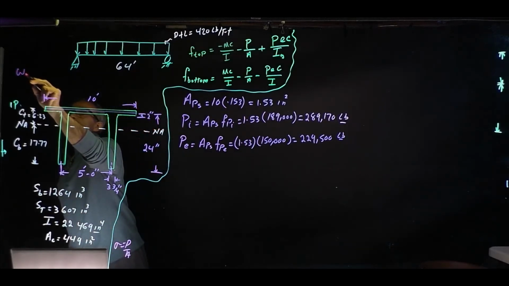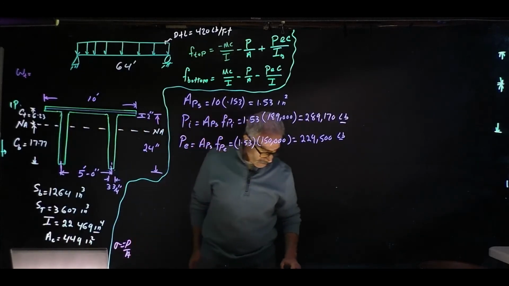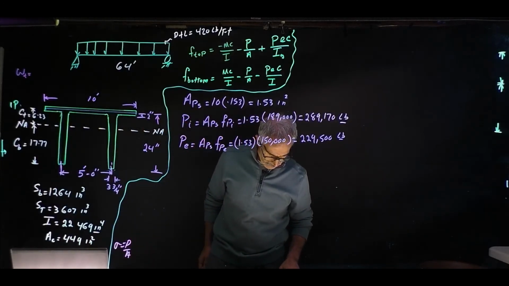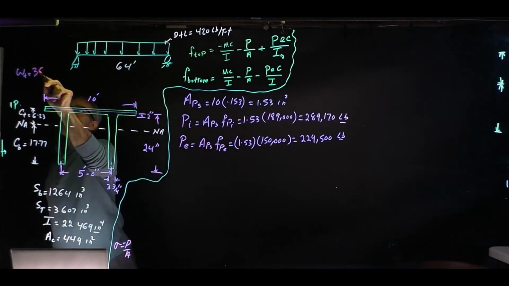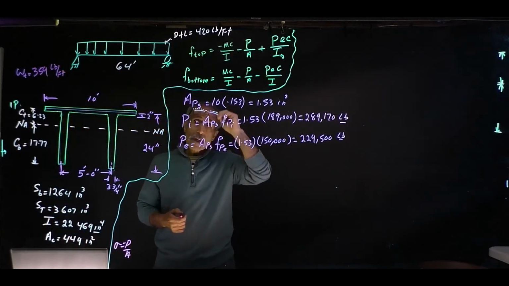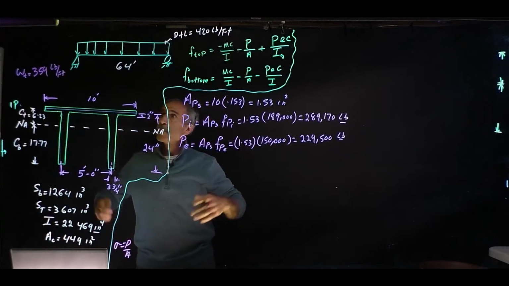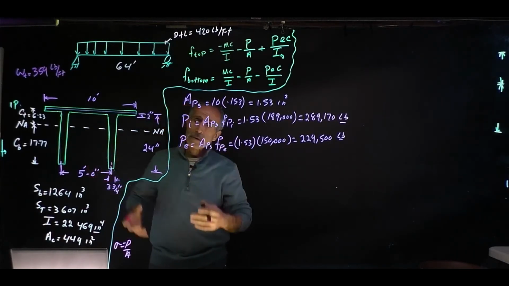W of the beam is given as 359. Let me double check that. The weight of the beam is 359 pounds per foot. So again, we are going to calculate the bending moment just due to the weight of the beam itself.